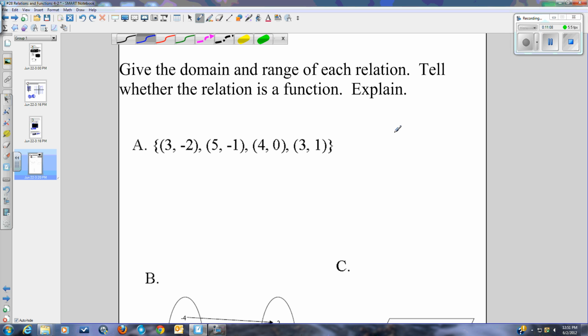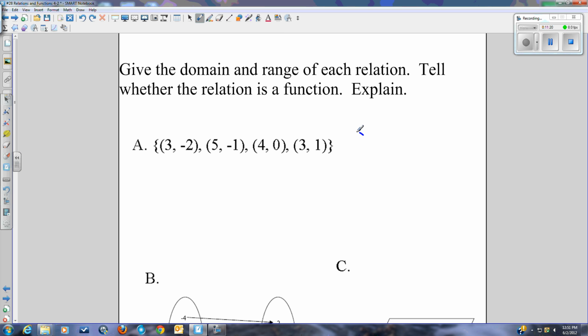Now, one thing to note is that if x values repeat themselves, it is not a function.